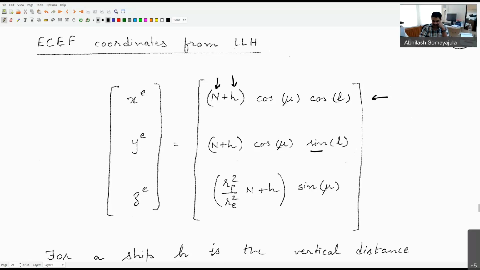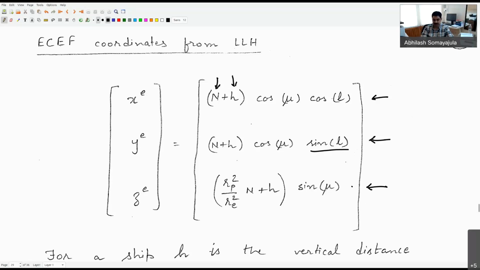Same thing, but sine of L will be the y coordinate. The z is a little tricky because it is an ellipse, so you have to make sure that the geometry of the ellipse is taken into account properly. So r_e squared by r_e squared times N plus h times sine of mu will give you the z location. So if I know the latitude, longitude and the height, I can compute the coordinates of the point in the Earth-centered, Earth-fixed frame.